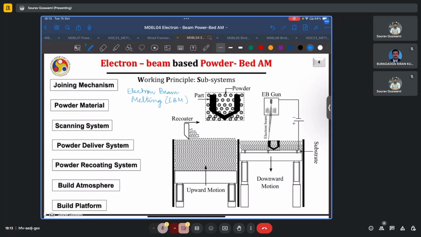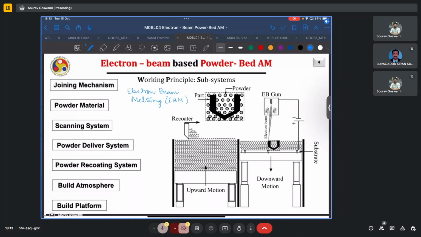Also, although there are certain differences in the sense that the powder is really top fed instead of being bottom fed as shown here, in other aspects, it is pretty similar to what a laser beam based powder bed AM process would look like.